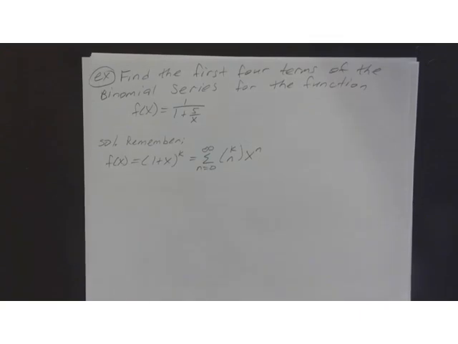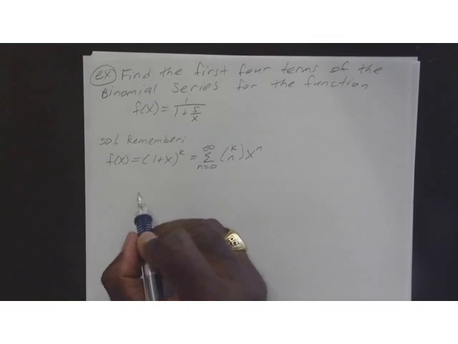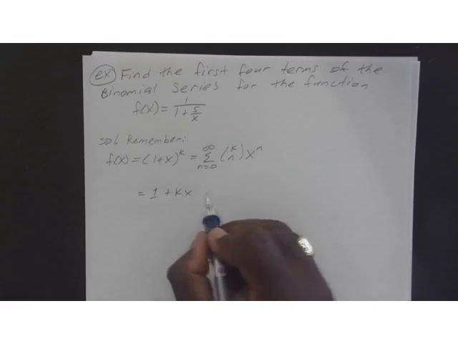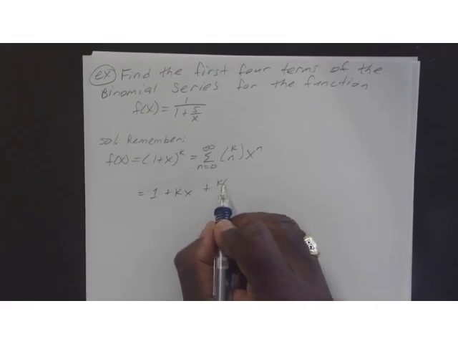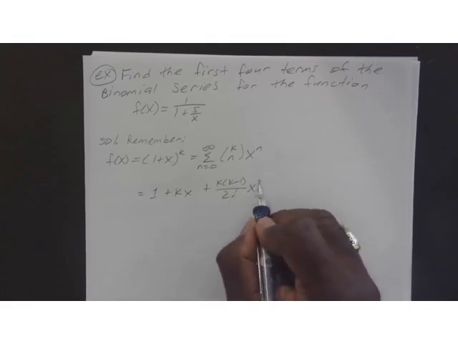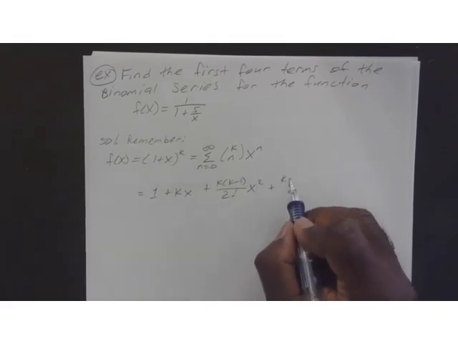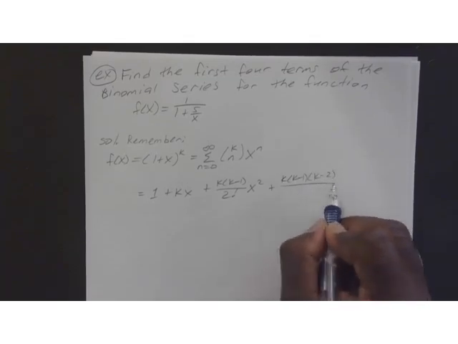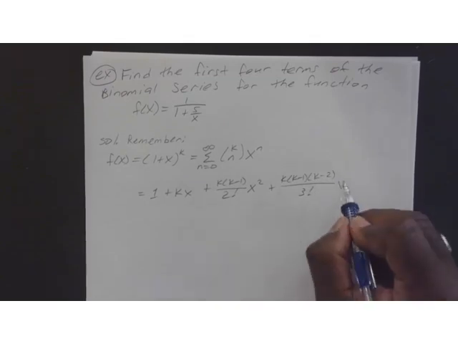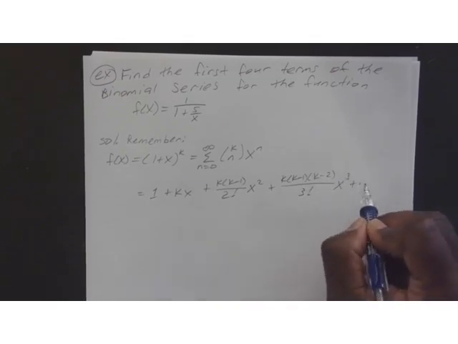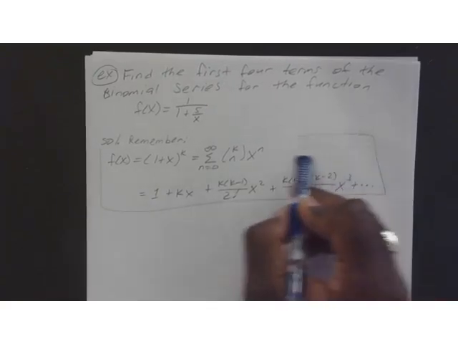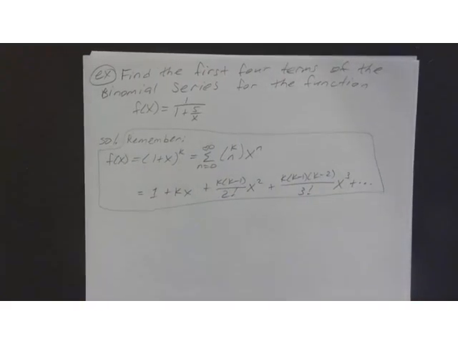Where if we expand that, we know that it also equals 1 plus k times x plus k times k minus 1 divided by 2 factorial times x squared plus k times k minus 1 times k minus 2 divided by 3 factorial times x to the third power, and it keeps on going. So it's just a little bit of a side note.